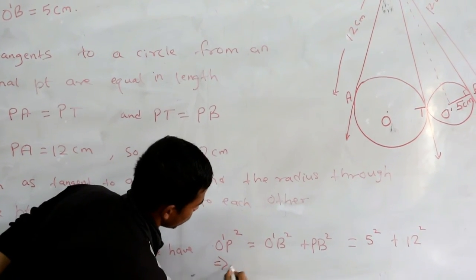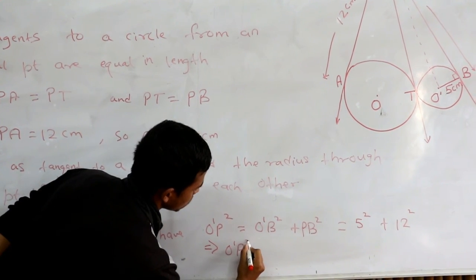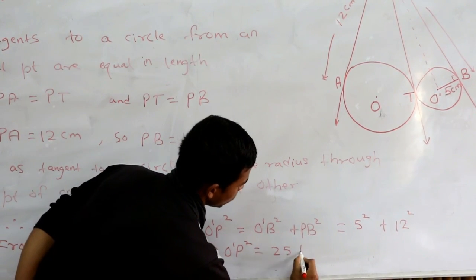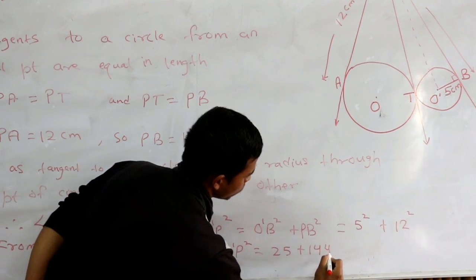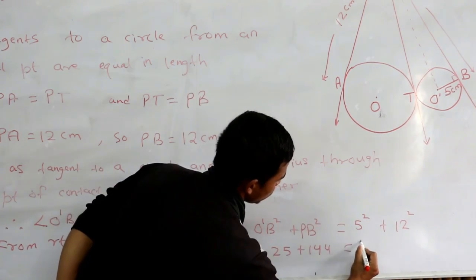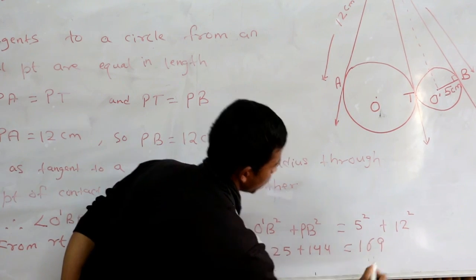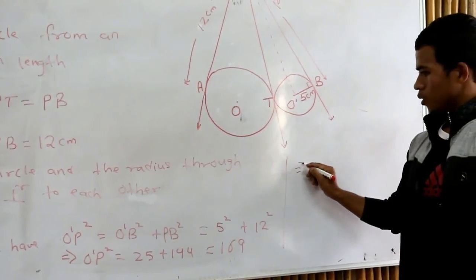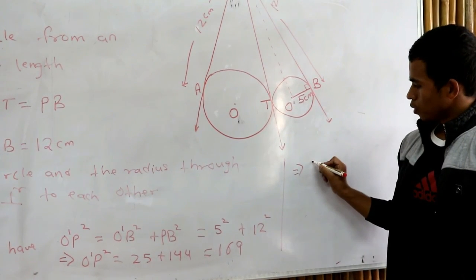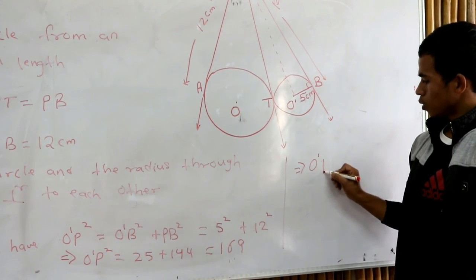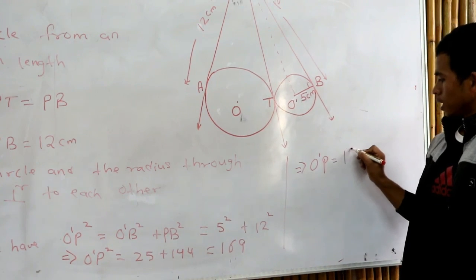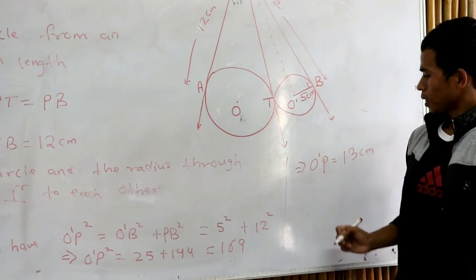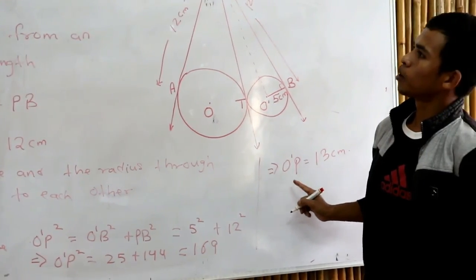So from here, O dash P square will be 25 plus 144, and you get 169. So from here if we work it out, we will get O dash P to be 13 centimeters. So we have got PO dash.